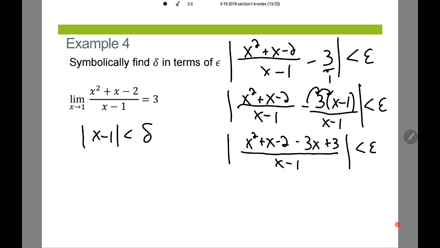And since I'm combining my fractions, I've got x minus 1 on the bottom. So I skipped a few steps here just to try to save some space. So I've got x squared. I don't have anything else like it, so I'm going to put x squared on top. I got a plus x and a minus 3x that give me -2x. And I've got a -2 plus a 3 that give me plus 1.